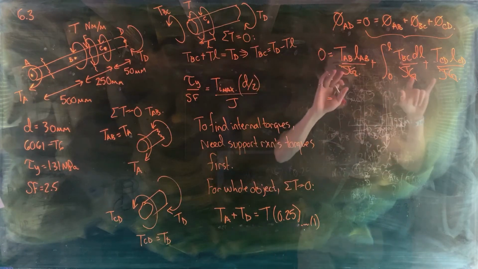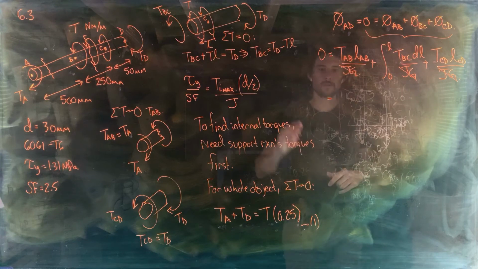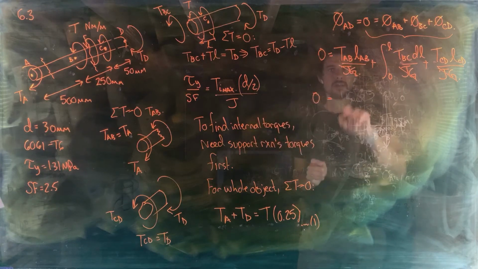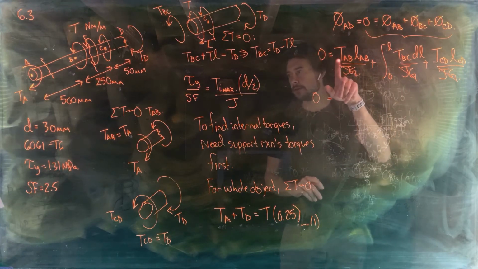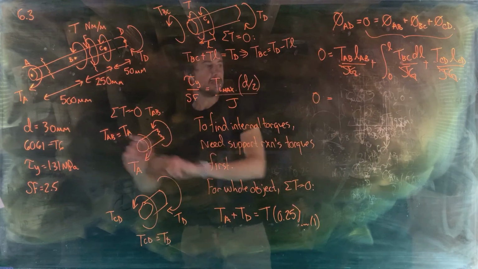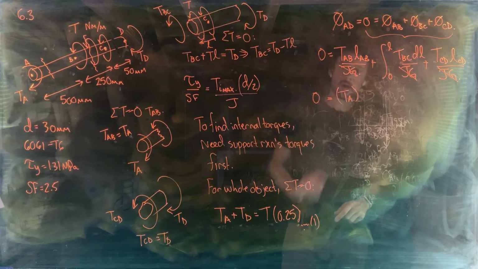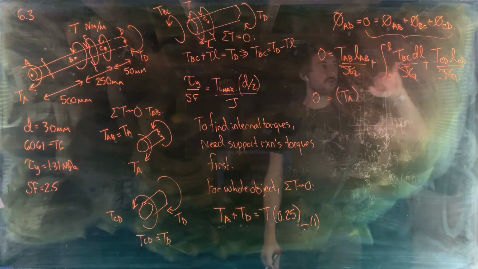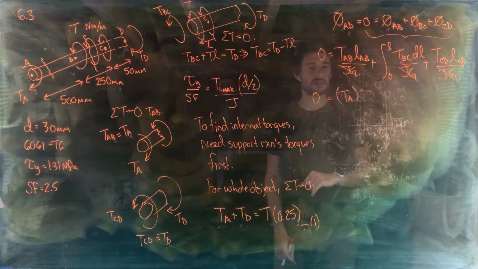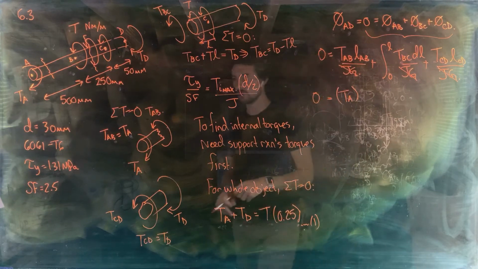So let's go back to this equation and fill some things in. So we have 0 equals TAB. TAB is TA. But again, when you're doing superposition, you need to pay attention to the directions of these internal torques.